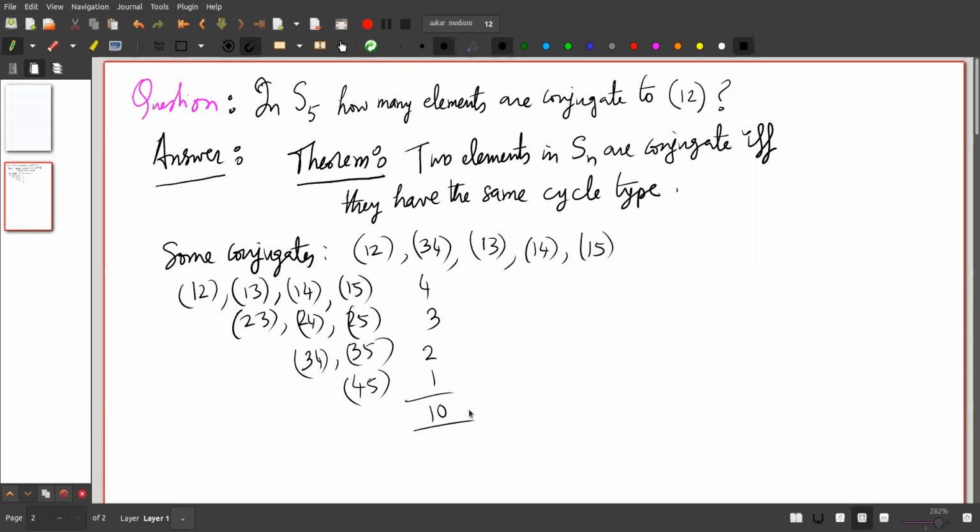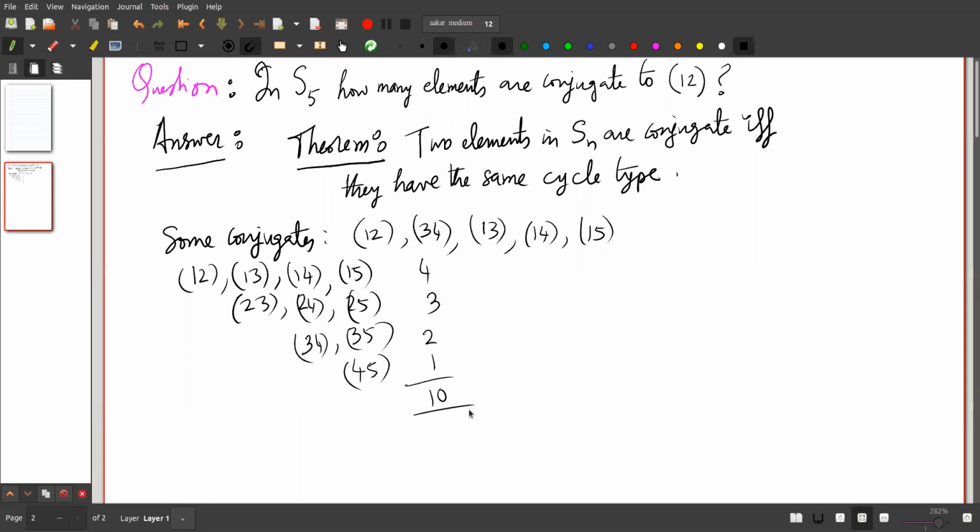First we have 5 choices, sir. So 5 into 4. In the first position you have 5 choices. I want to write something like (A B). In the first position we have 5 choices, second position 4 choices, divided by 2 gives 10.